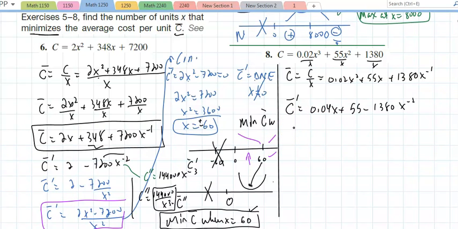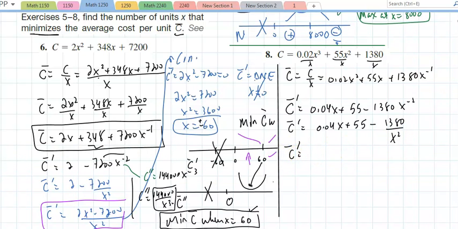let me check really quick. This is 0.04x plus 55 minus 1380 over x squared.